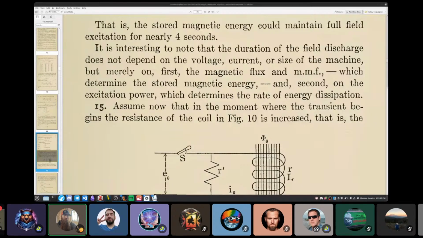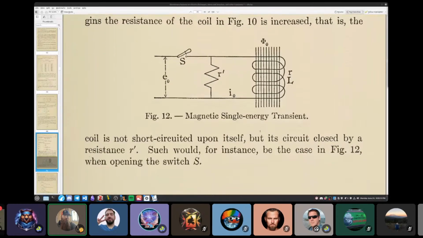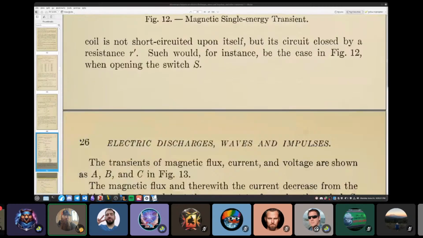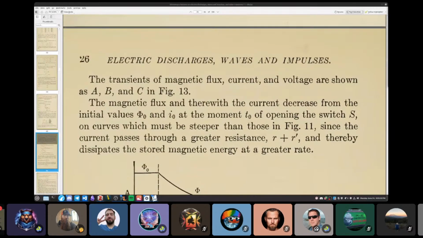Assume now that in the moment where the transient begins, the resistance of the coil in figure 10 is increased. That is, the coil is not short circuited upon itself, but its circuit closed by a resistance R prime. Such would, for instance, be the case in figure 12 when opening the switch S. All right.